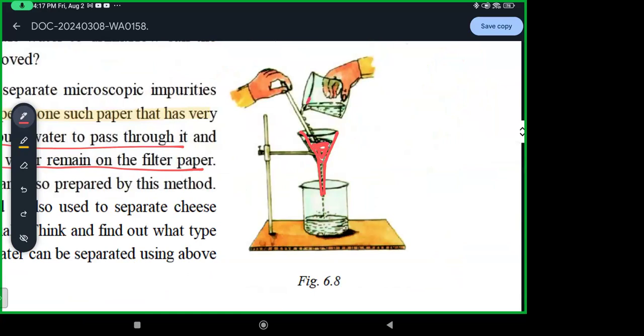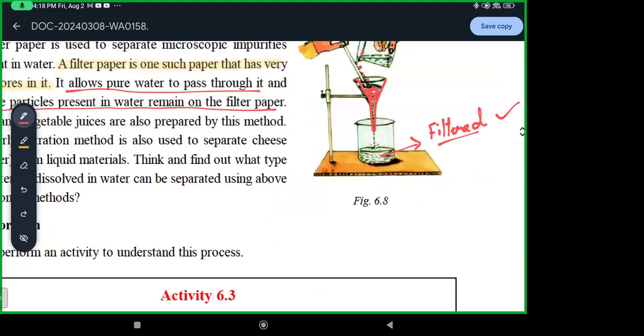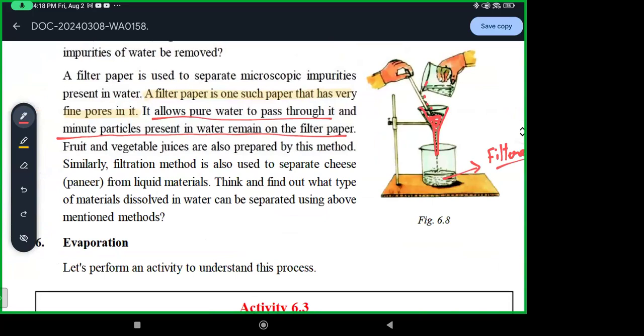So when they pour water, the very small, microscopic impurities collect on the filter paper, and the water comes out filtered. Because the filter paper has very small pores, very small impurities get collected on it, and the rest of the water comes down, which is filtered. Fruit and vegetable juices are also prepared by this method. Similarly, the filtration method is also used to separate cheese from liquid materials.